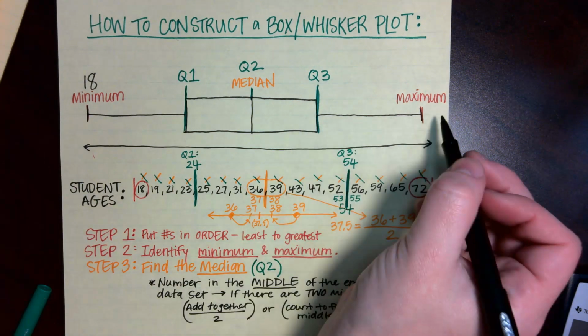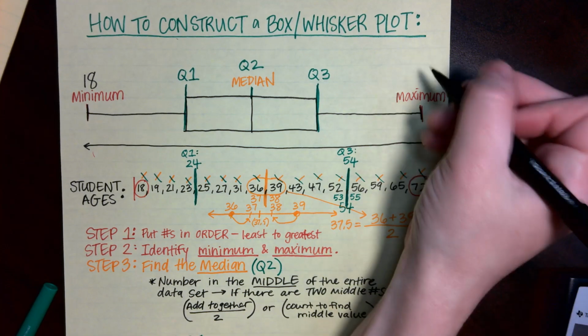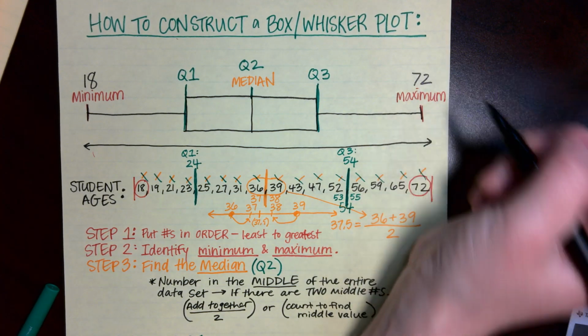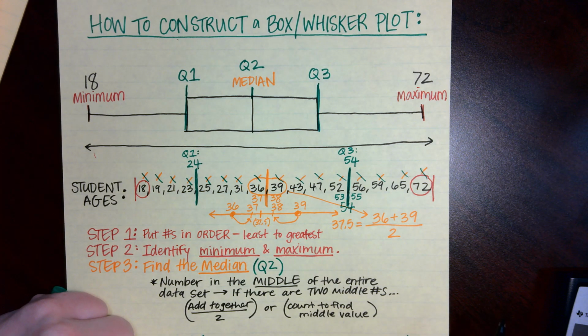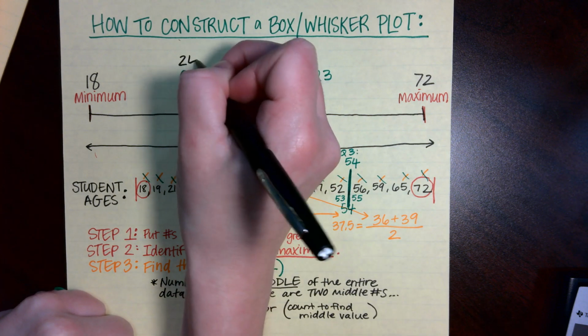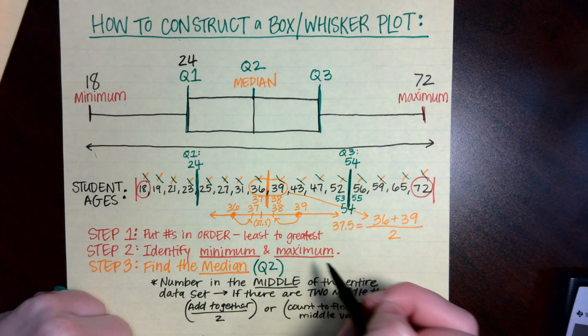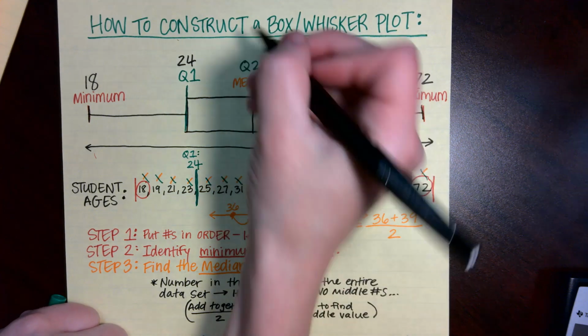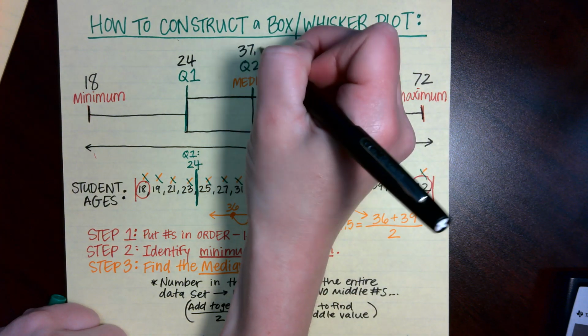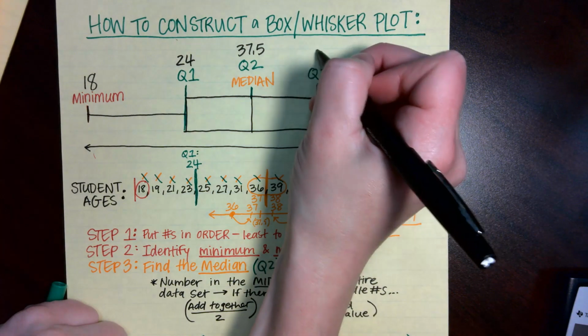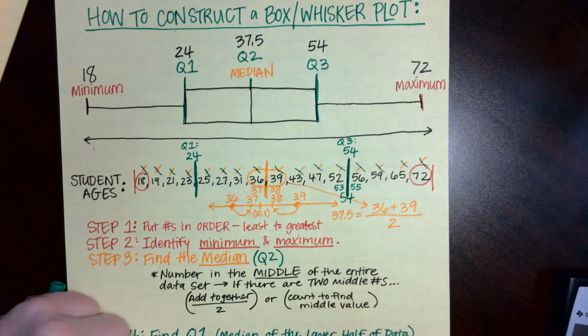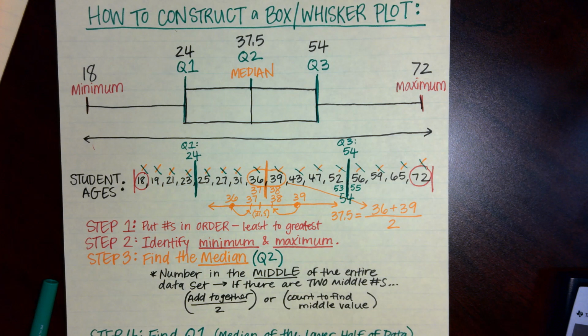What was our maximum? 72. Good. And then what was Q1? 24. Q2, or our median? 37.5. Good. And Q3, what was that? 54. Very good.